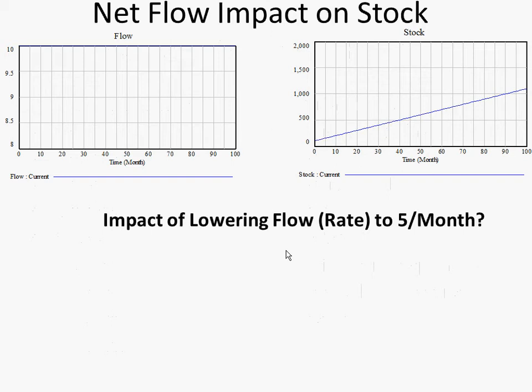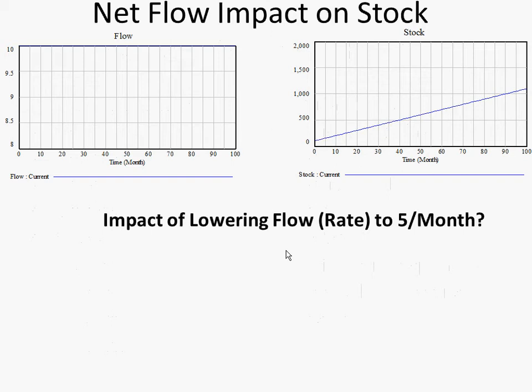Then we have a stock of number of people that initially starts at 0, and each successive month, if this is the only flow, the value of the stock is going to rise linearly, right? You folks would have seen that in calculus as the integral of a constant dt, which turns into a linear function, so we get a value alpha times t plus some constant. In this case, the constant is 0.